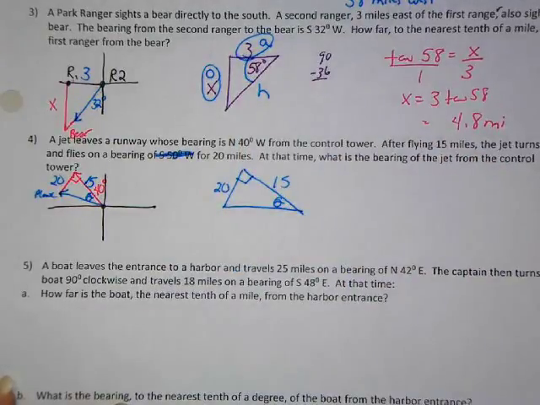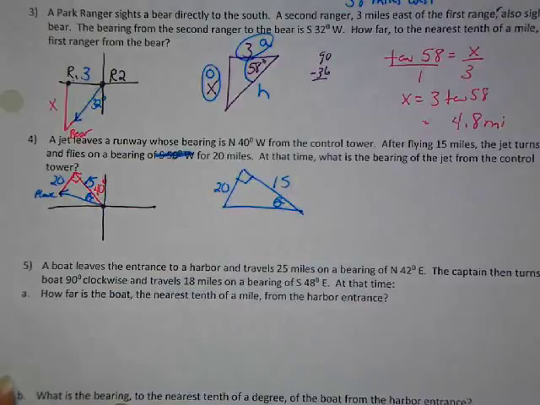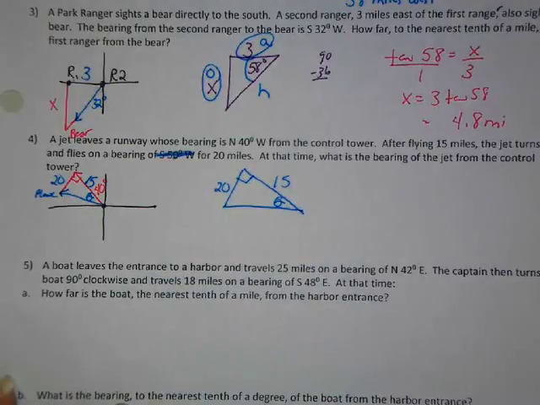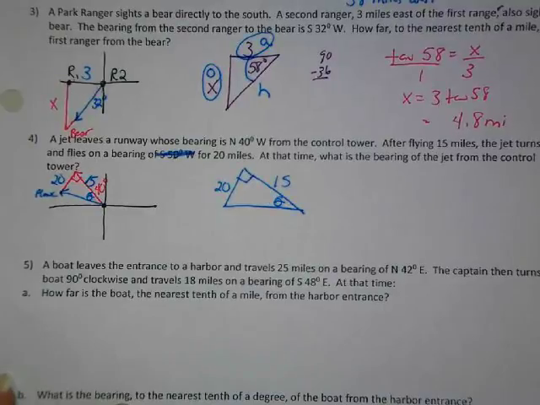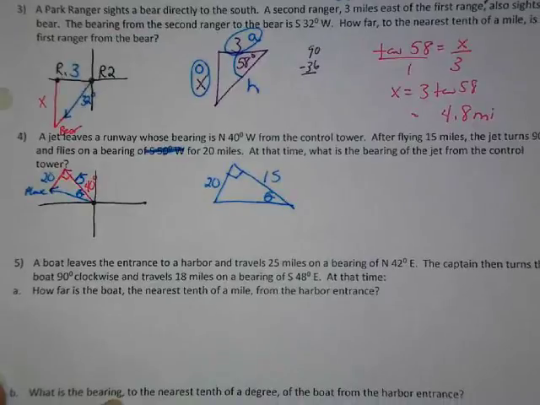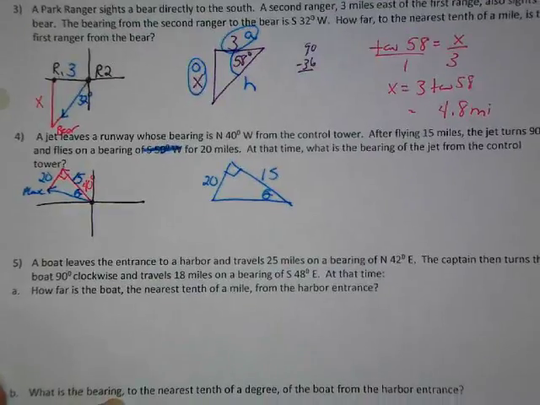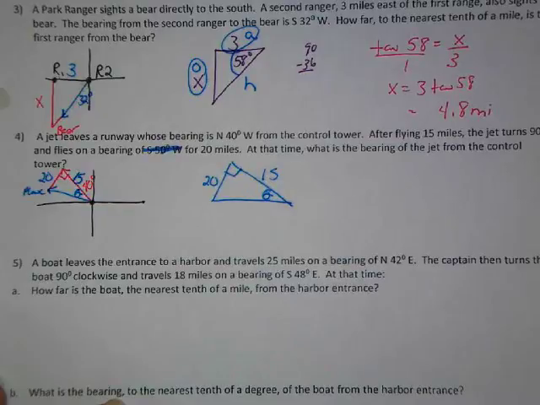Alright, so step one, what I'd like you to do is go ahead and do the O, the A, and the H, and decide which trig function you have. Alright, you guys have it all set up.